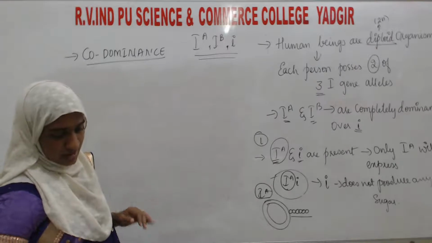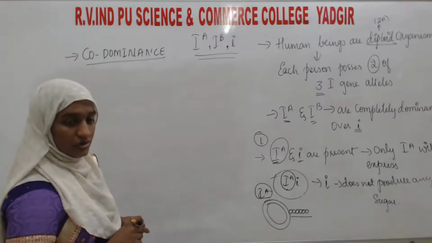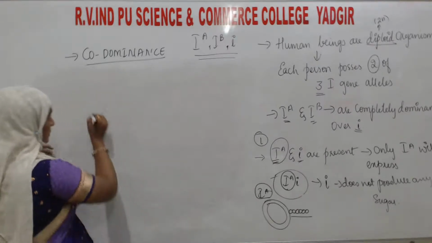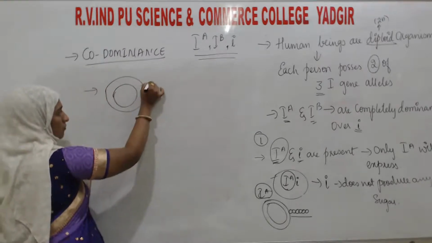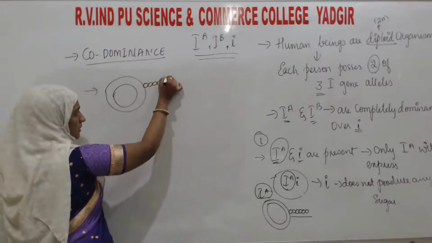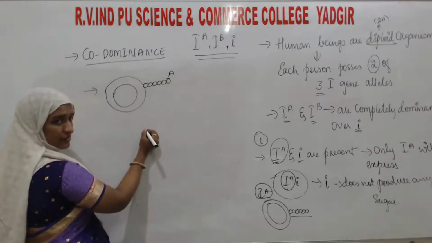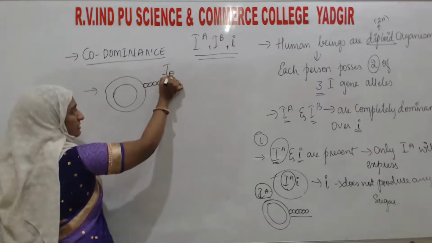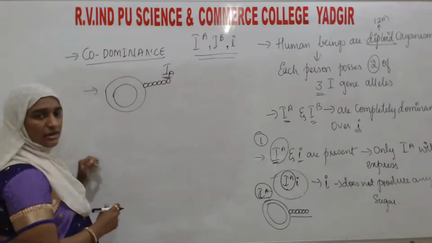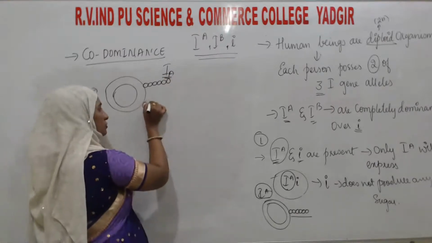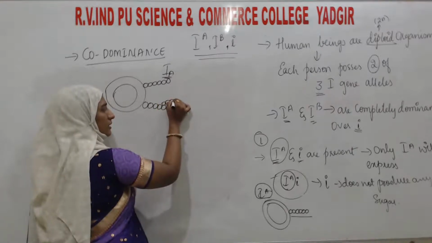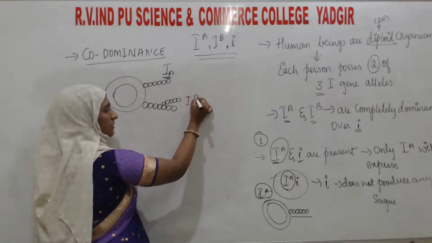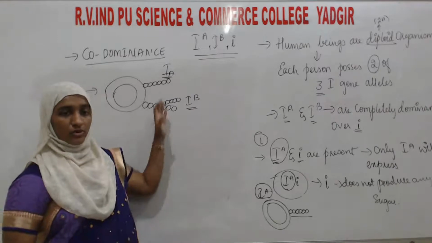Here, the RBC have both A and B type of sugar. They have the A type of sugar, which we represent with IA, and one more sugar polymer is there, that is IB. Both the types are there.